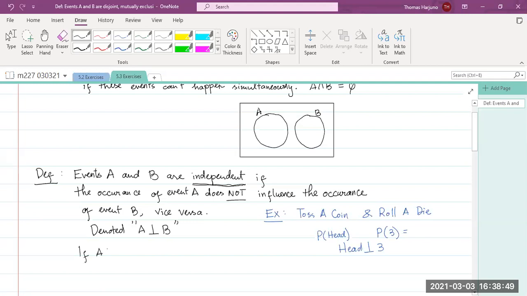If A is independent of B, that also means B is independent of A, then the probability of those two events happen at the same time is equal to the probability of A times probability of B. You just multiply them.